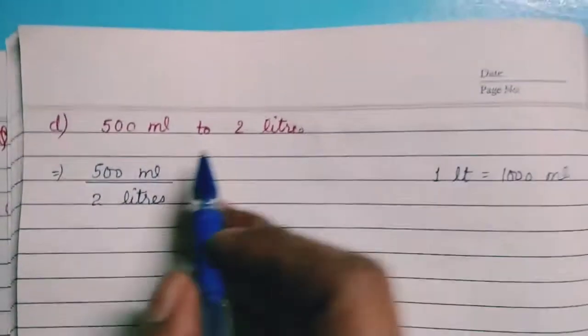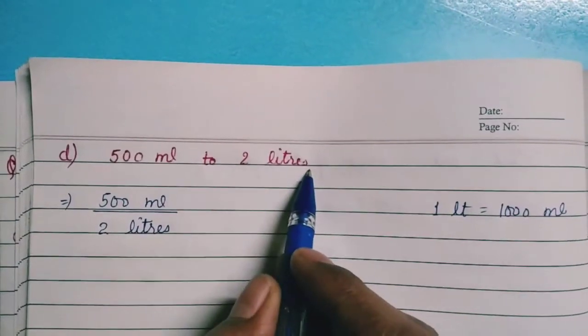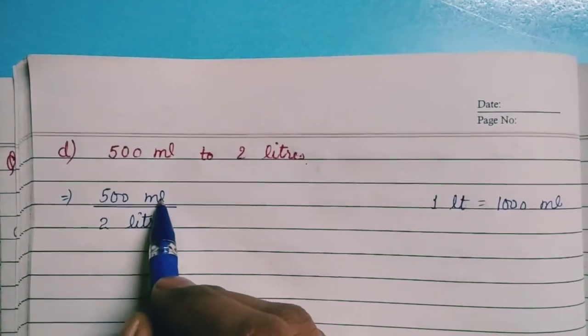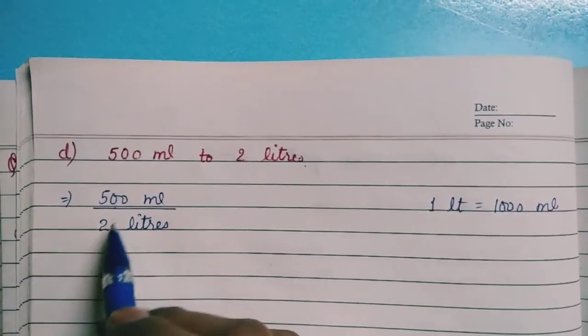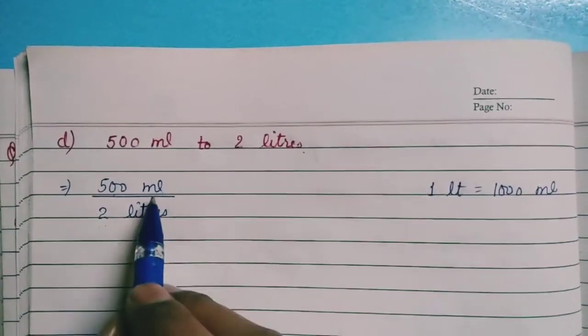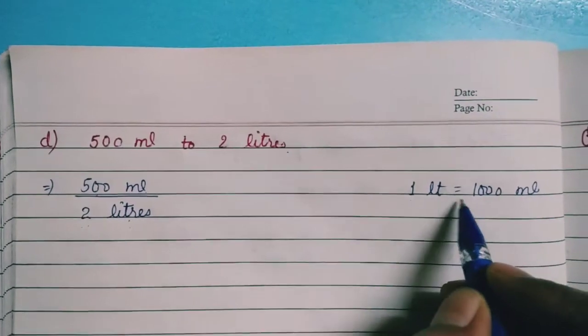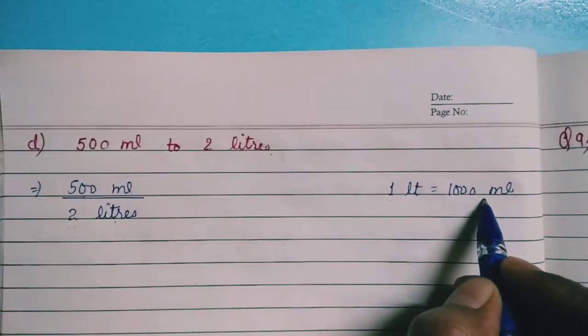Now D is 500 milliliter to 2 liters. So first value is 500 milliliter and the second value is 2 liters. Unit is different, but one relationship in between them is 1 liter is equal to 1000 milliliter.